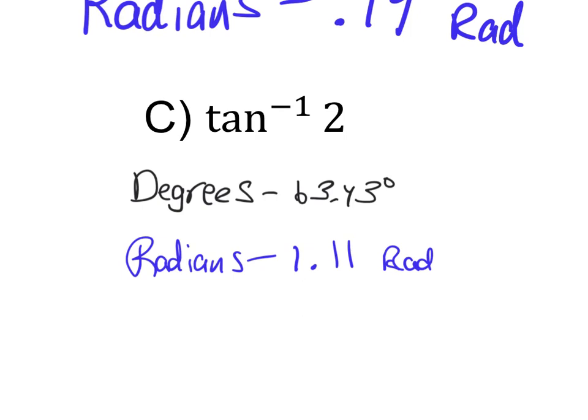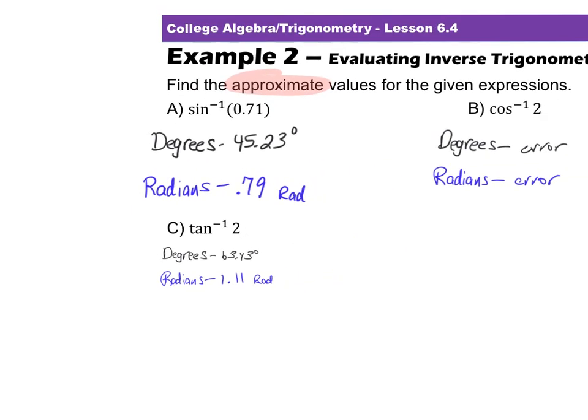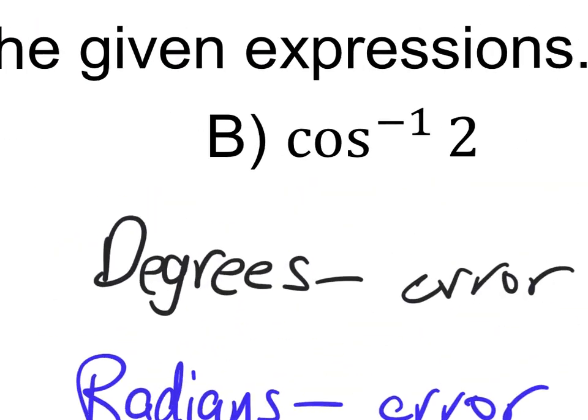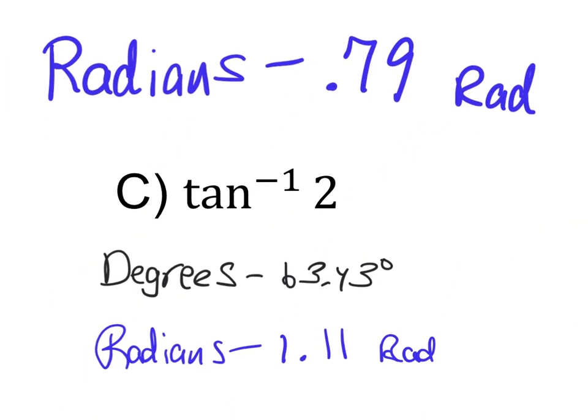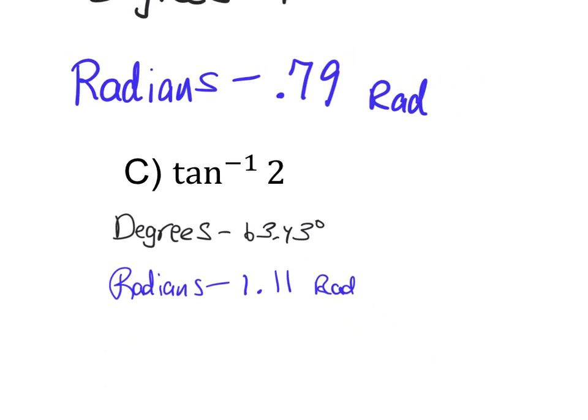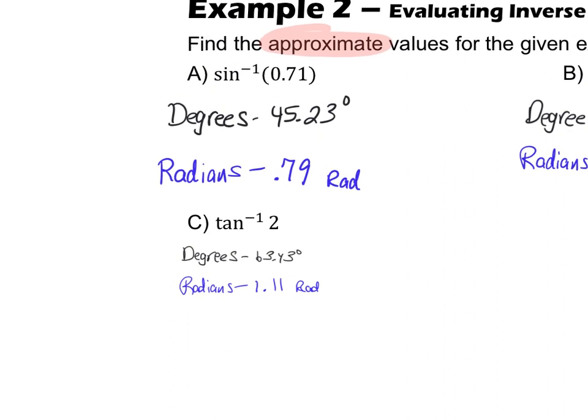So does it mean if the number is bigger than 1, you're always going to get an error message? No. Do you see how inverse cosine of 2 was an error, but inverse tangent of 2 was an actual value? Do you guys see that? This is all calculator work. You have to make sure that you're putting this in your calculator correctly. You have to understand how to switch from degrees to radians, radians to degrees, that sort of thing. You guys with me?